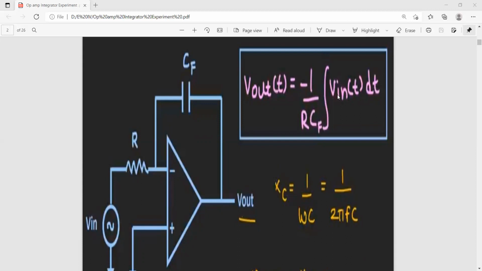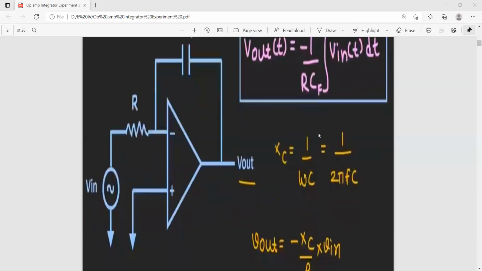Here it also obeys a time constant value, that is the values of R and C. These values play a very important role; in the output they are in the denominator. Let us take the reactance component, which you can write in the XC format.